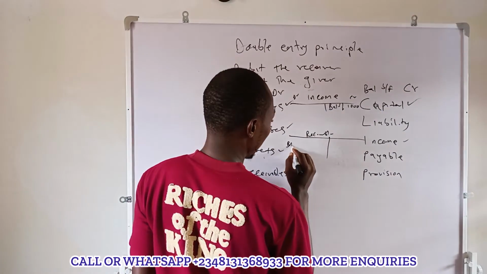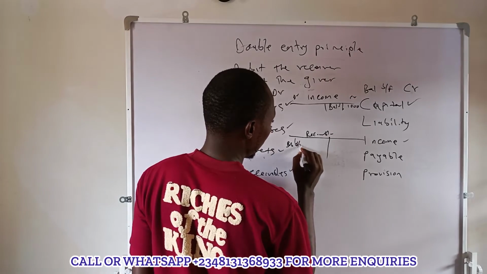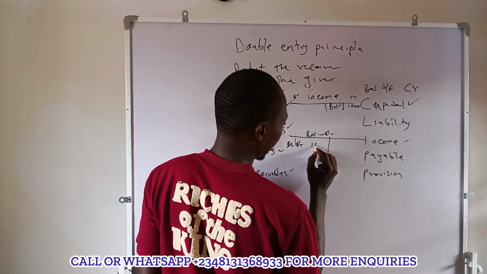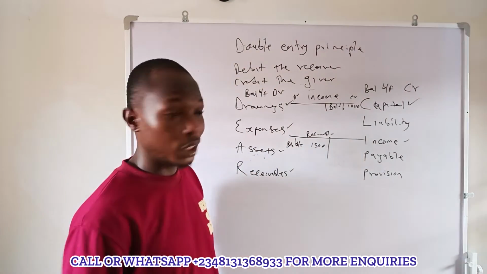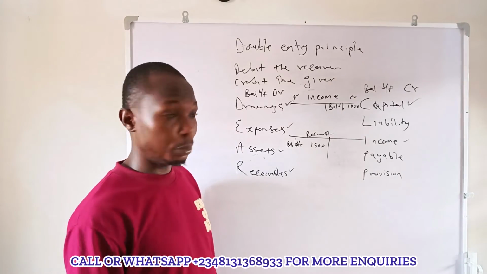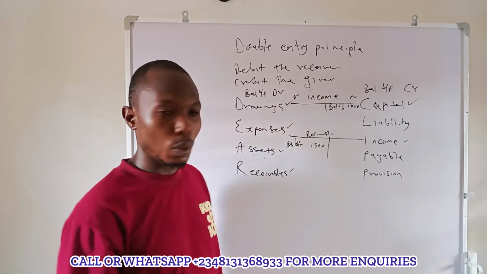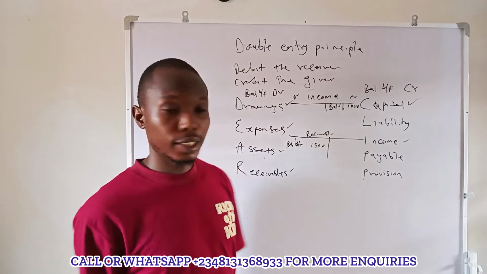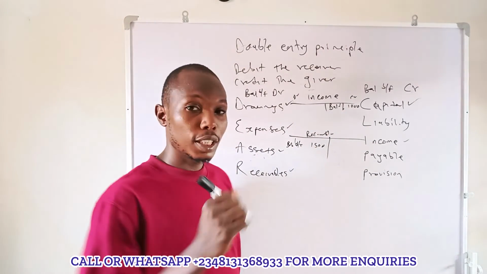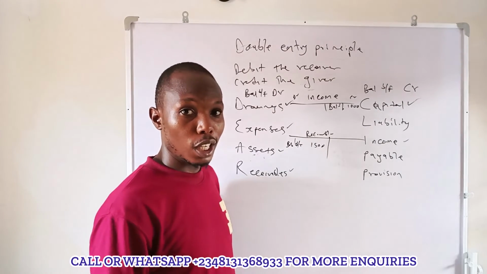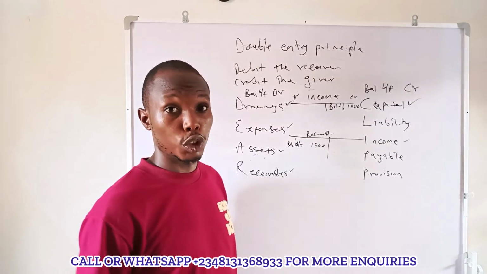So we have a balance brought forward of, let's say, 15. So we've dealt with the balance brought forward from the beginning. Now, why is it on the credit side and why is it favorable on the credit side? Now, we've incurred the transaction and we sold on credit worth 700.